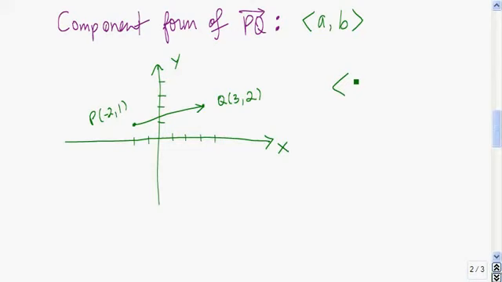So the x component of this vector is 5. P has a y-coordinate of 1, Q has a y-coordinate of 2. So we only need to go up 1 unit in the y direction to get from P to Q. So the y component of this vector is just equal to 1. So this vector PQ in component form is written as <5, 1>.